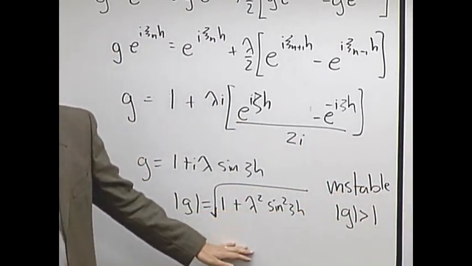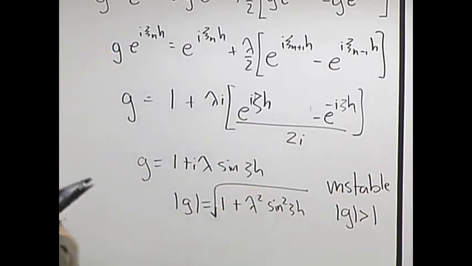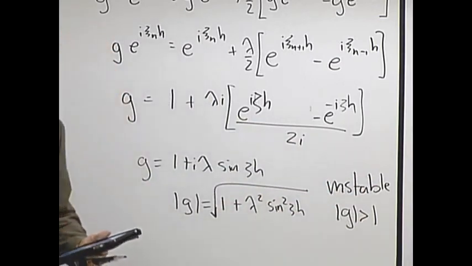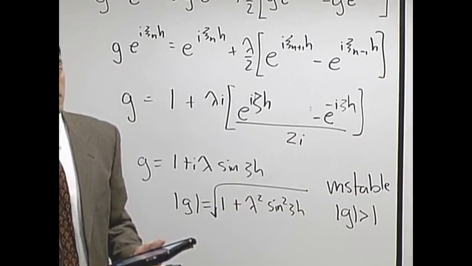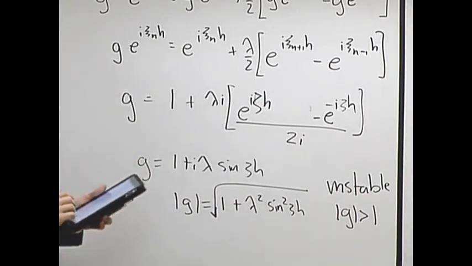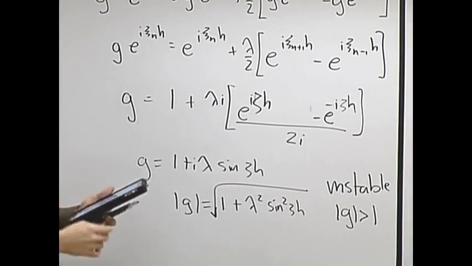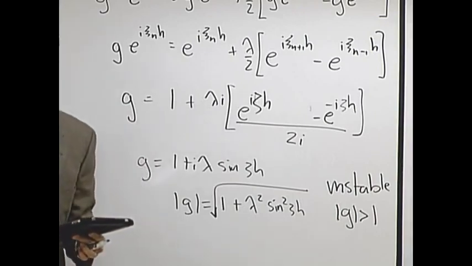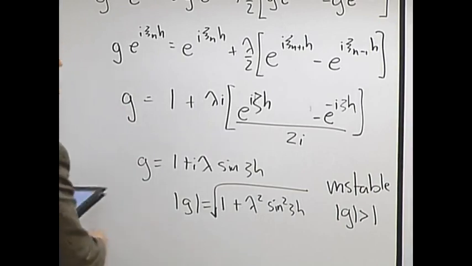Don't use the scheme. It's always unstable. And you can see how it worked. There it is. You plug stuff in. And it's limited, granted. It's a Fourier mode expansion, but it tells you that things are going to blow up. All right. Let's look at this equation again now, from a different perspective.